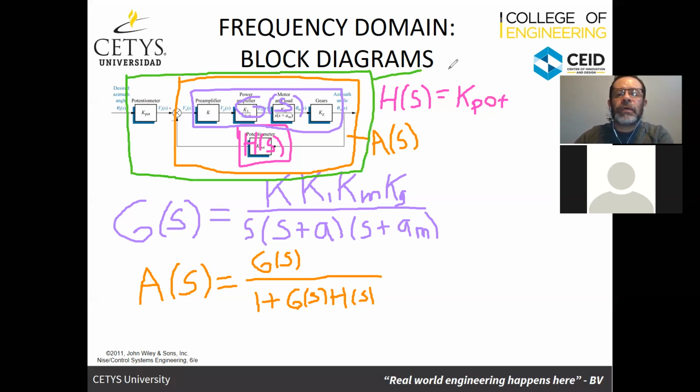Just for lack of a better term, I'm going to call this T of S. The whole transfer function of the system, which represents the output and the input, is going to be this orange box that we've already created, multiplied by this box here, which is the pot box.